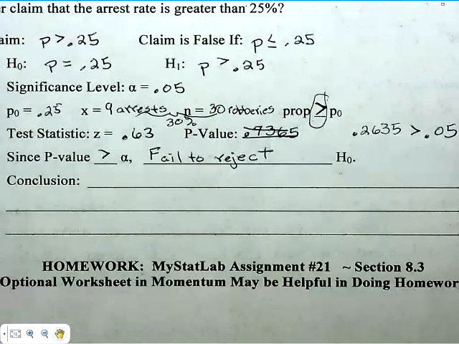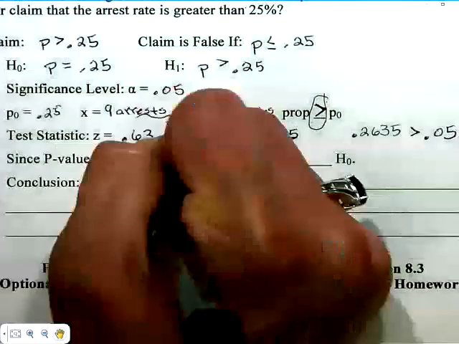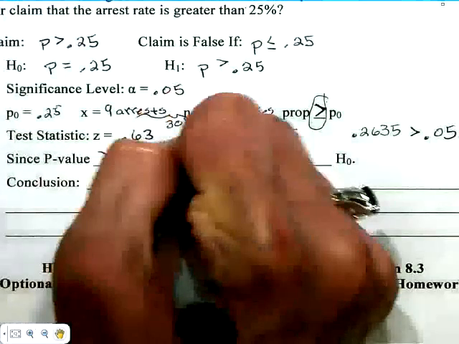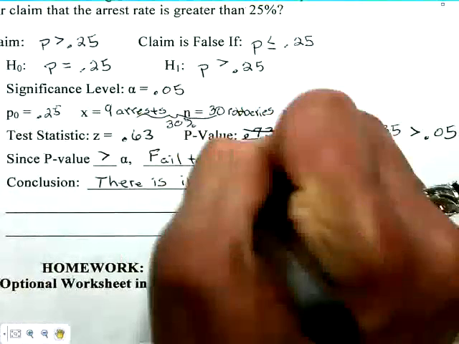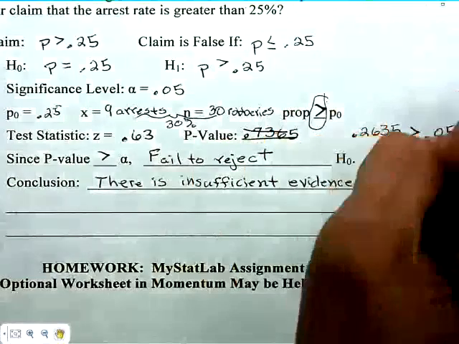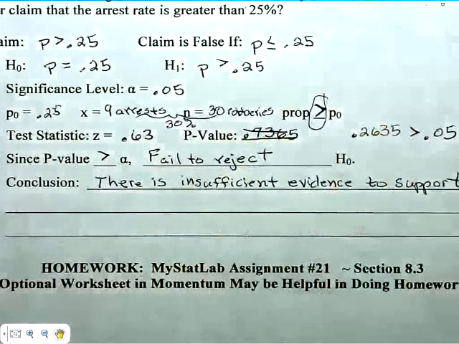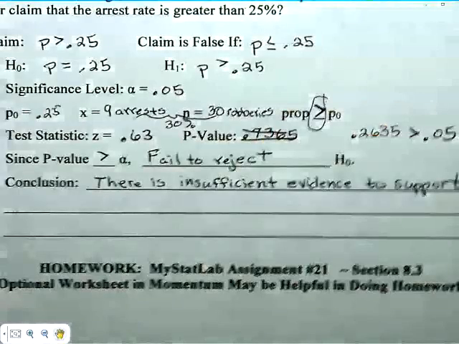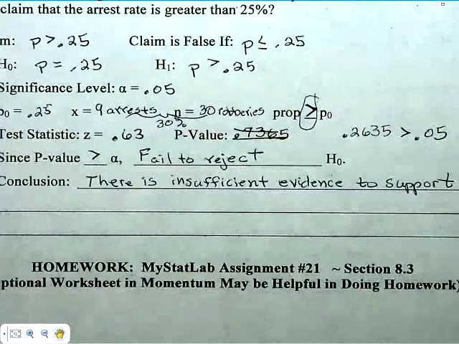Now, fail to reject always means what? Insufficient evidence. There is insufficient evidence to support, what's the claim? That the new sheriff, that's saying it very well.